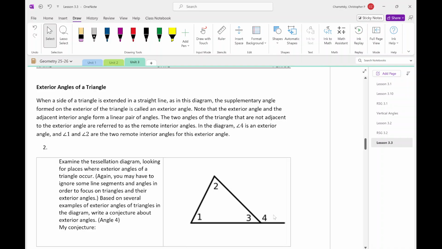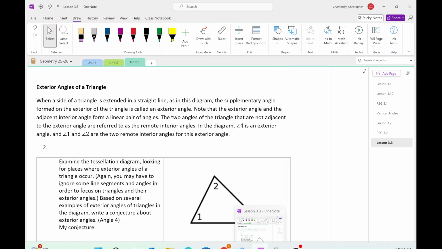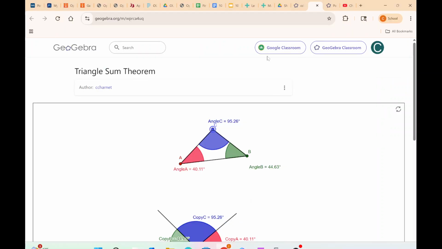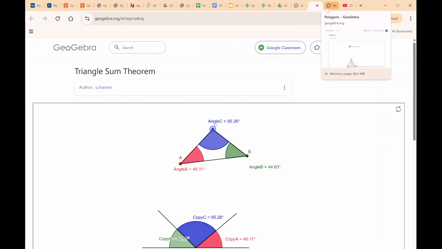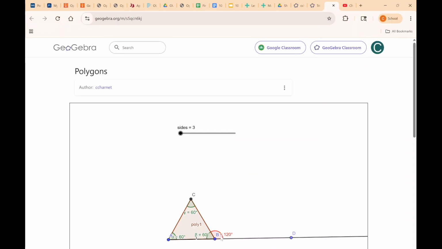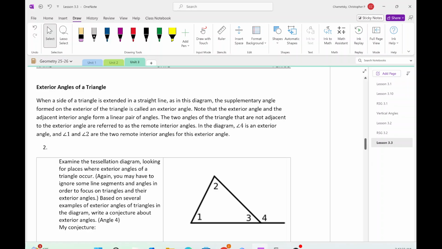Okay. And if we look at this exterior angle, we know it's got to be the supplement to whatever this angle is here, but also it looks like if you take these other 2 angles, those 2 angles will add up and equal that exterior angle.